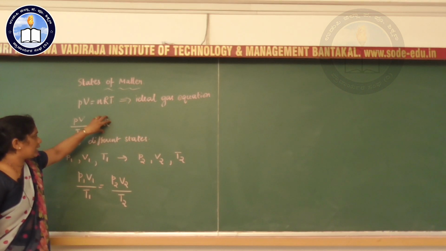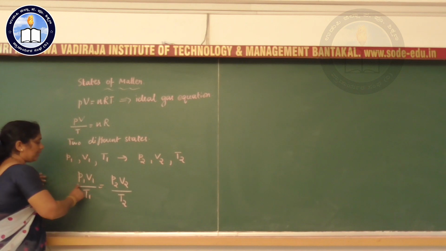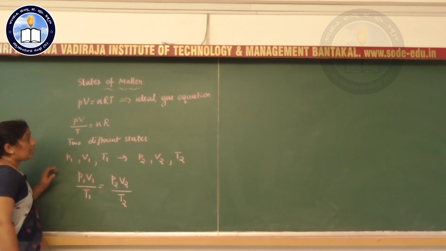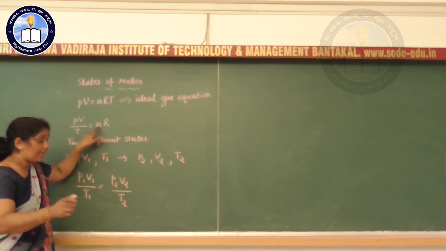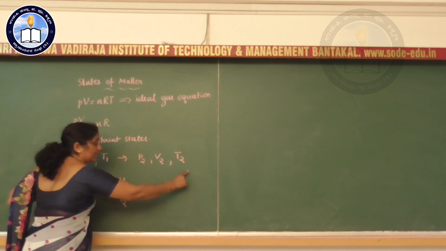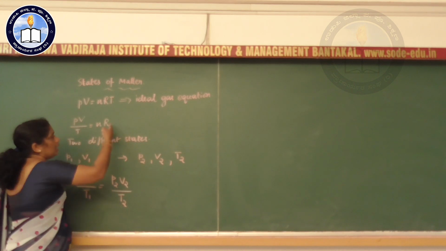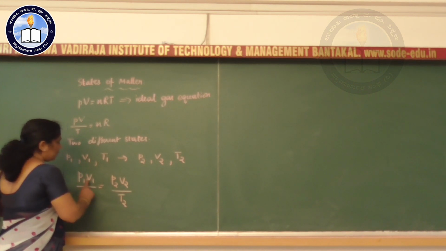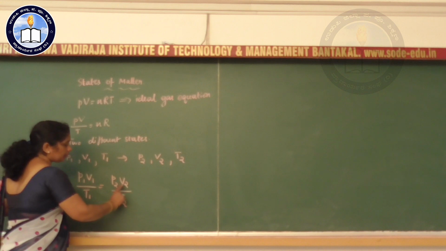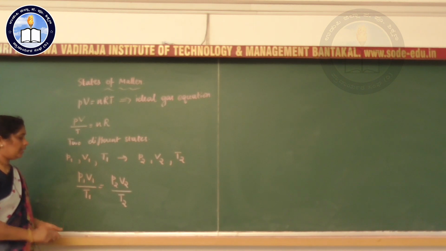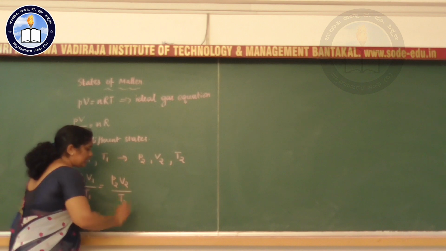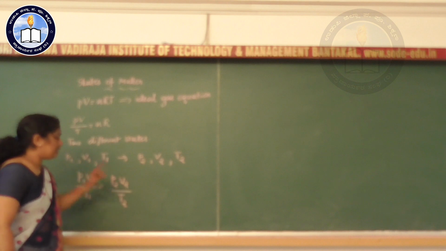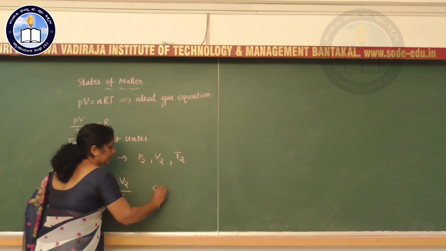So we can use P1V1 by T1 equals P2V2 by T2. This is called the combined gas equation.